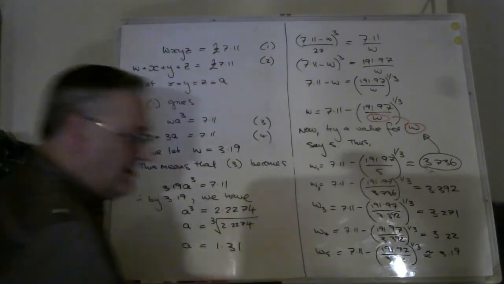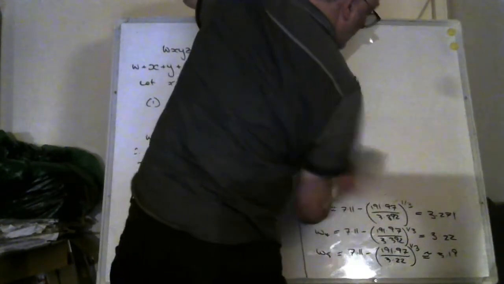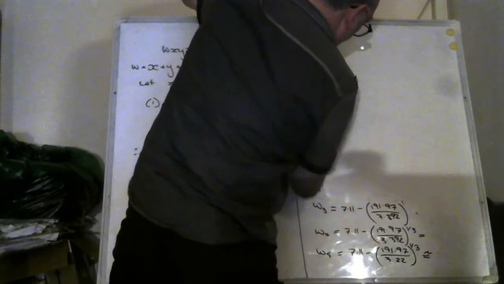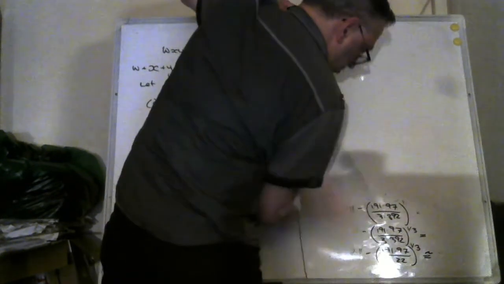This means, and I'm going to clear the other side of the board now, this means that x equals y equals z equals £1.31.